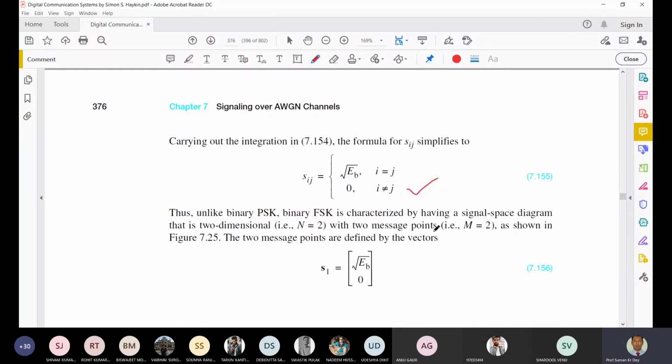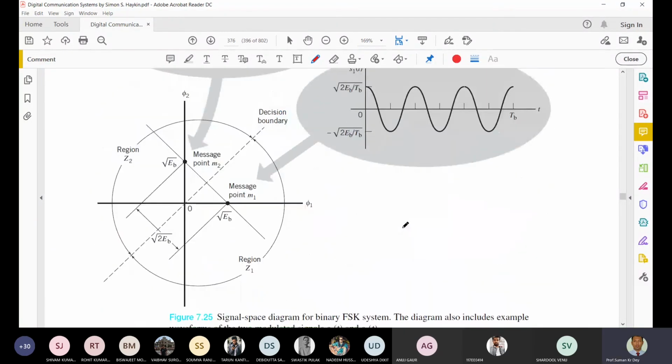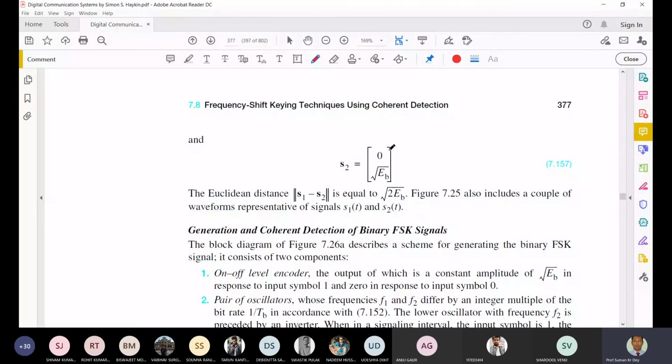Okay, no. So now in that case, we can define the 2 message points by the s vector. So s1 equals, in this square bracket, square root of Eb and 0, one message point, and the second message point s2 equals 0 and square root of Eb.